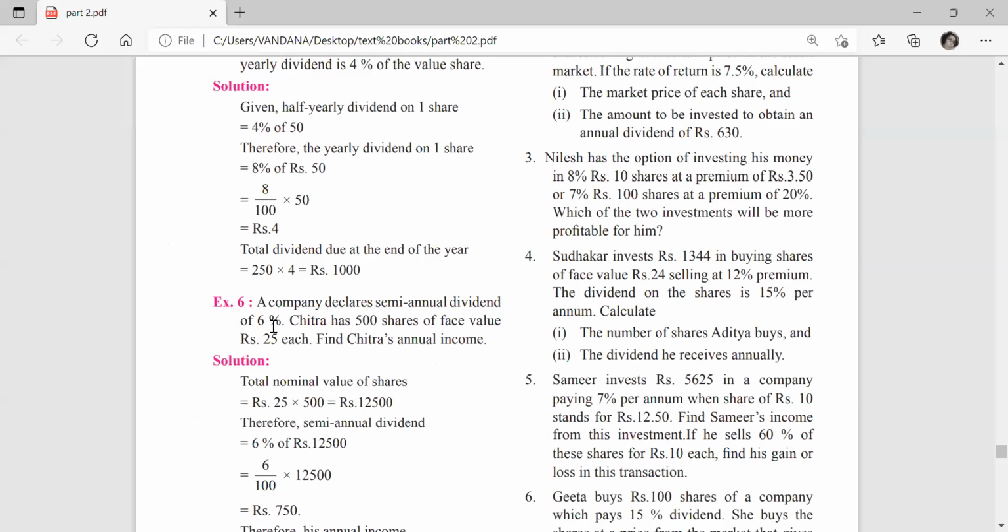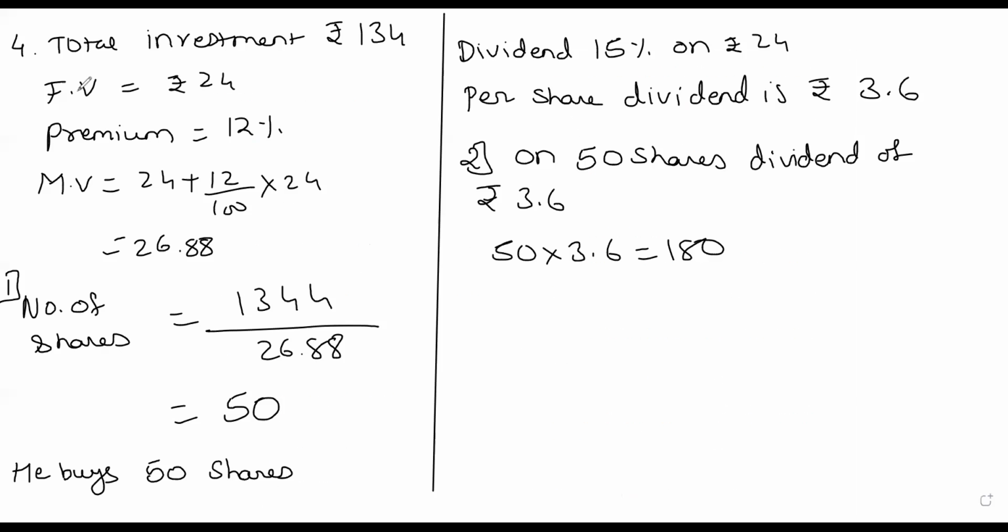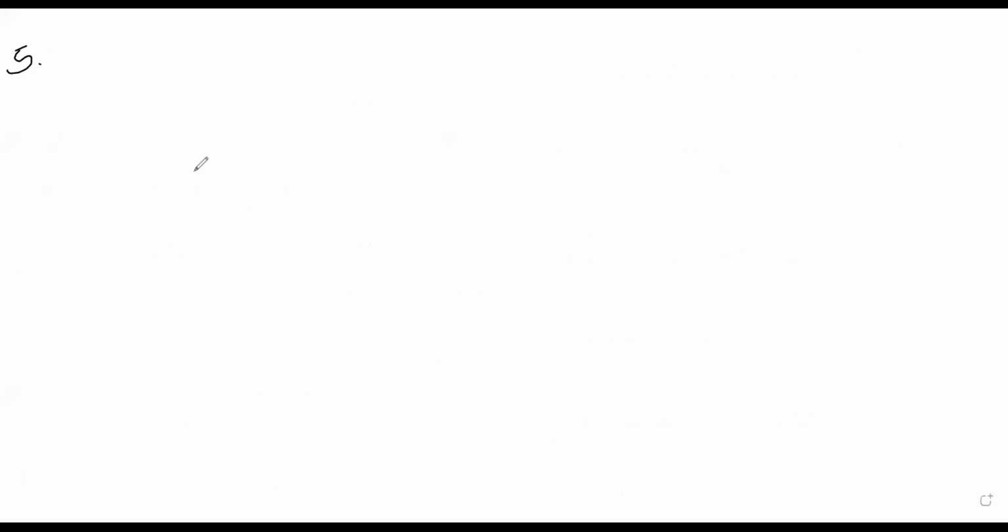Now question number 5. If you want to write, you can pause the video and write it. Samir invests rupees 5625 in a company paying 7% per annum when a share of rupees 10 stands for 12.5. So let us first analyze the sum. Samir invests, so total investment is rupees 5625.